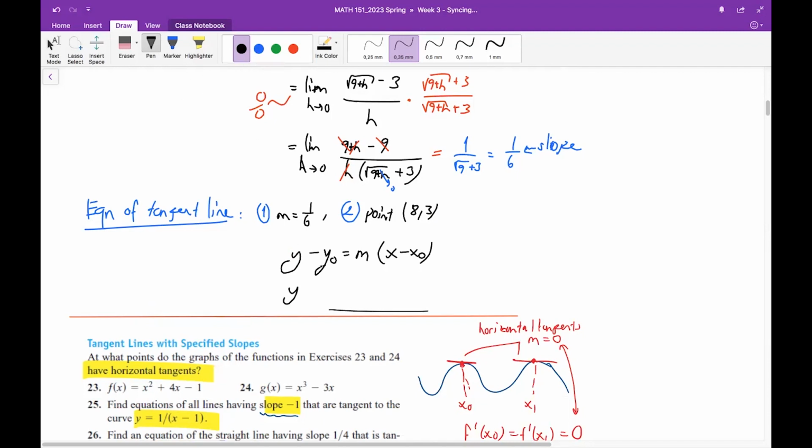So let's put the information inside this equation. By the way, this is the y0 component of your point. This is the x0 component. So y minus 3, x0 is 8, slope is given as 1/6. Like this. This gives you the equation of the tangent line.